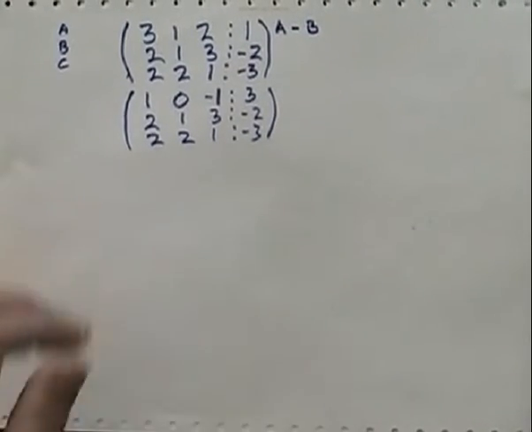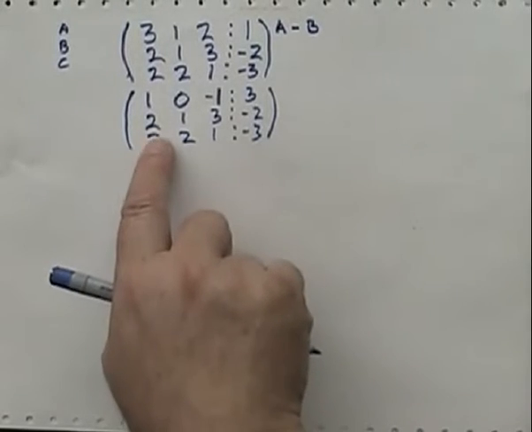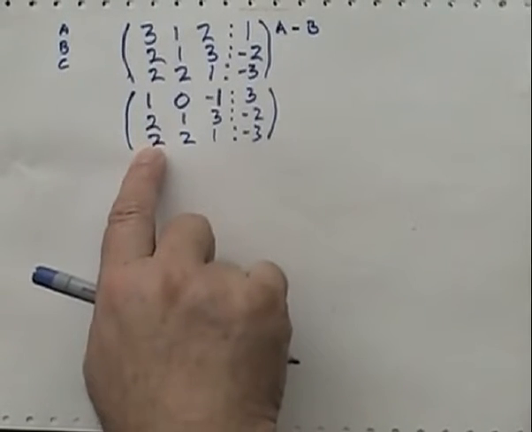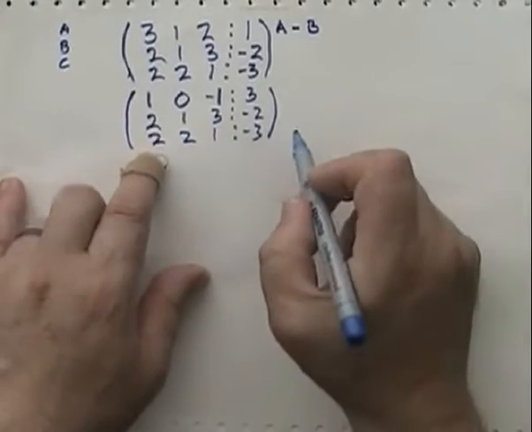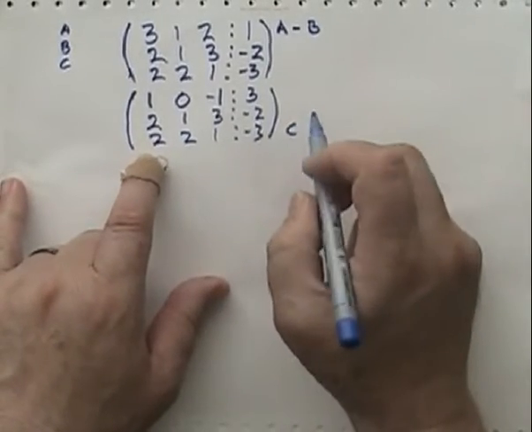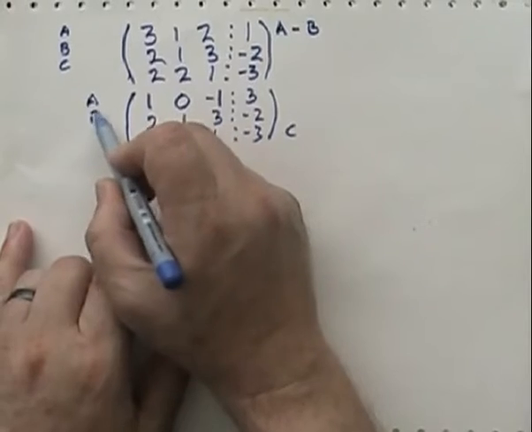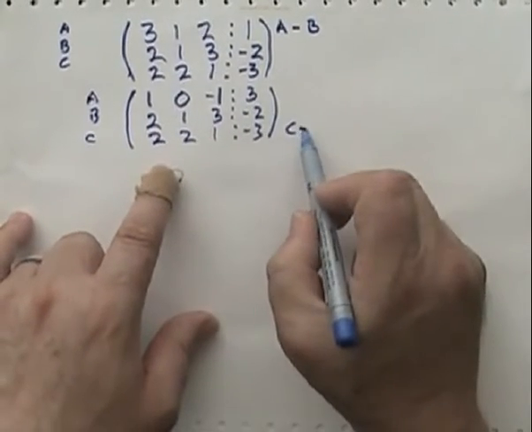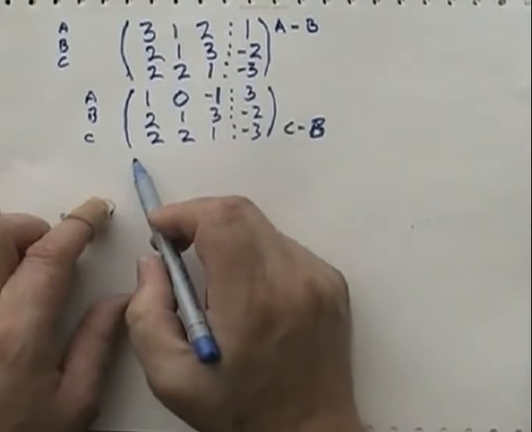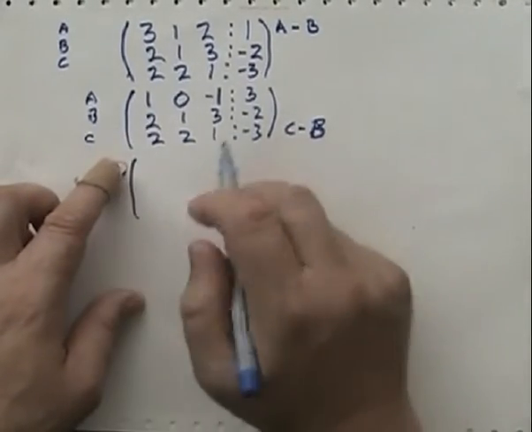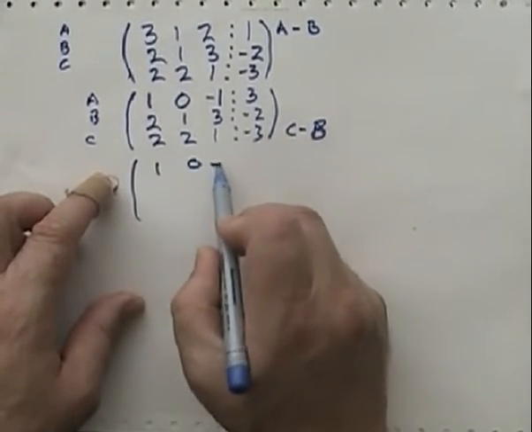With practice you can put multiple operations into one row. The next thing I want to do is get a 0 here and a 0 here. So I'm going to go row C, minus row A. Remember, this is A, B, C. I'm not changing the top row: 1, 0, -1, 3.